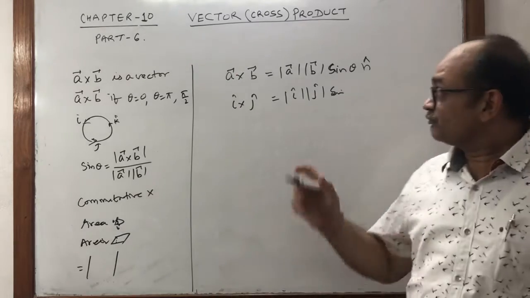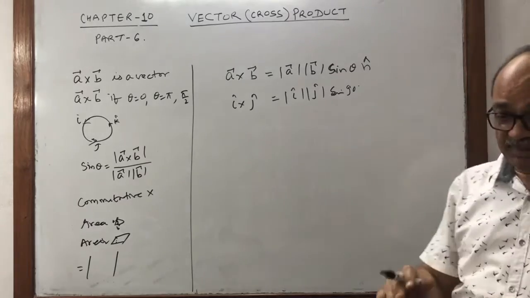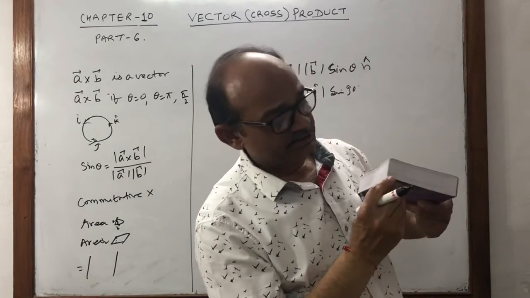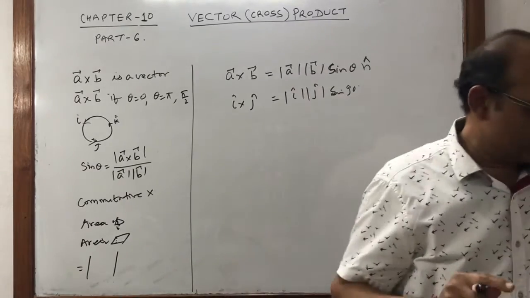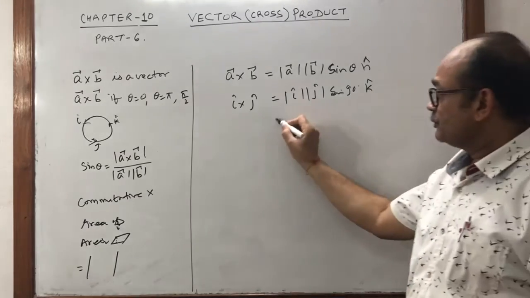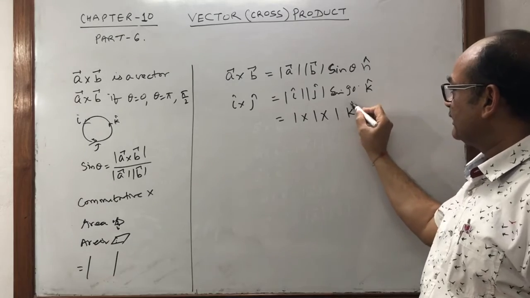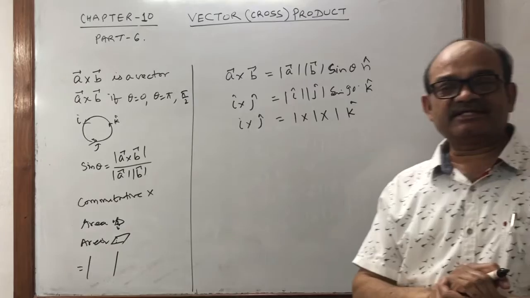Hence, here we have to write sine 90 degree, and n cap perpendicular to I and J. I is here, J is here, so perpendicular means K. So here we have to write the K cap. Now, magnitude, sine 90, K cap. Very clear that I cross J is nothing but K.